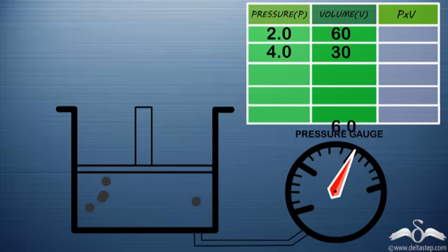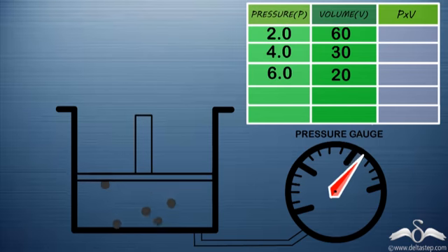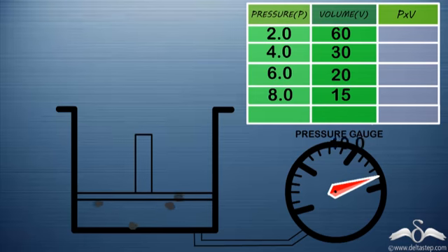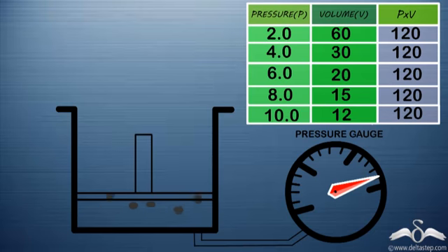As the pressure is increasing, the volume which is enclosed in the container is reducing. And you see that the product of pressure and volume is constant. So as the pressure increases, volume decreases, but the product of pressure and volume is always constant.